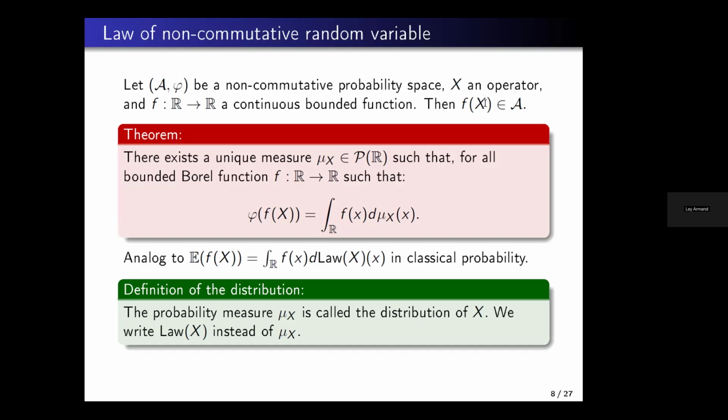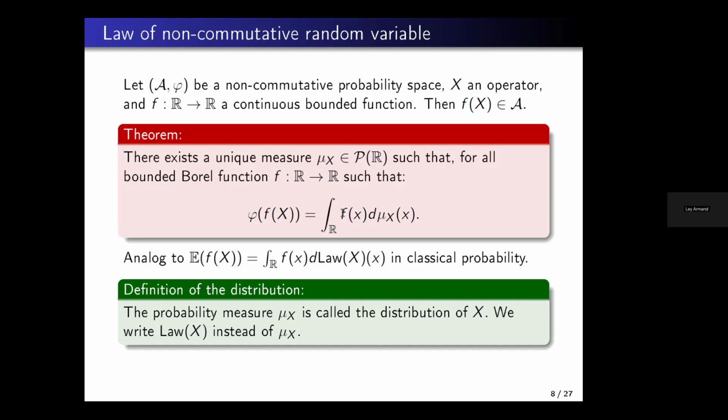X goes from H to H, and f goes from R to R. It's really a functional analytic definition. Now that I said that, you can prove there exists a unique measure, mu_x, such that for all bounded Borel functions, the expectation of f of x, that is phi of f of x, is the integral over the real numbers of f against this measure.